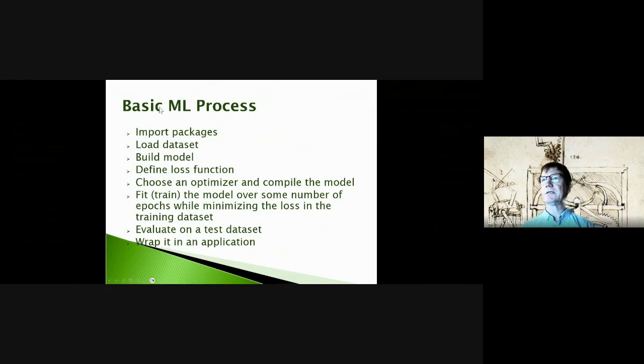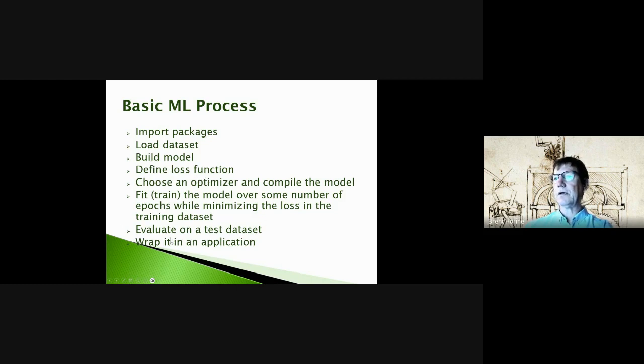So let's look at this kind of basic machine learning process as we go through this. We're going to import our packages. We'll load up our data set, and then we'll build a model, define a loss function, choose an optimizer, compile the model, and then fit or train the model over some number of epochs or iterations while minimizing a loss in a training data set using this optimizer and this loss function to calculate everything.